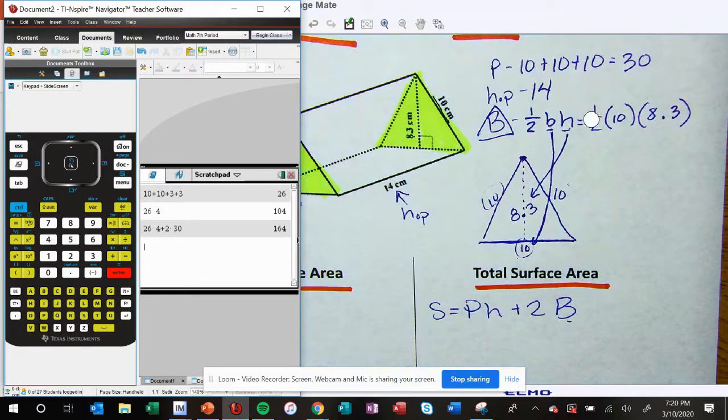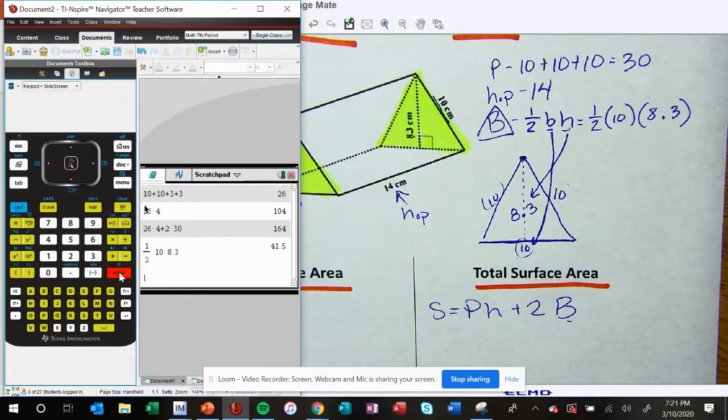So now I'm going to plug this into the calculator. So control divide 1/2. And then the b is 10 and 8.3 is the height. And I'm going to press enter.